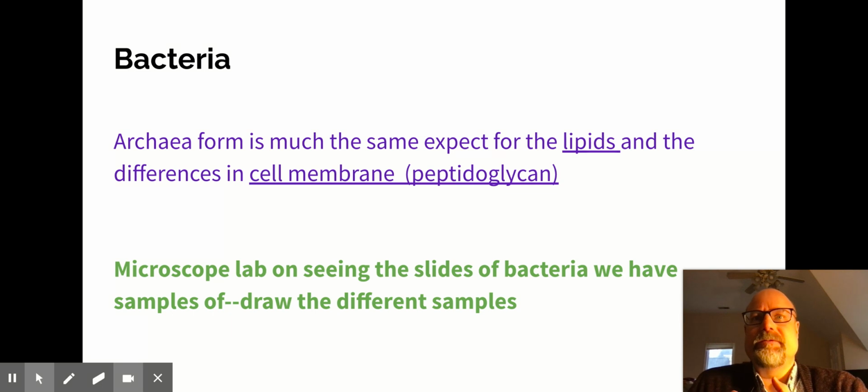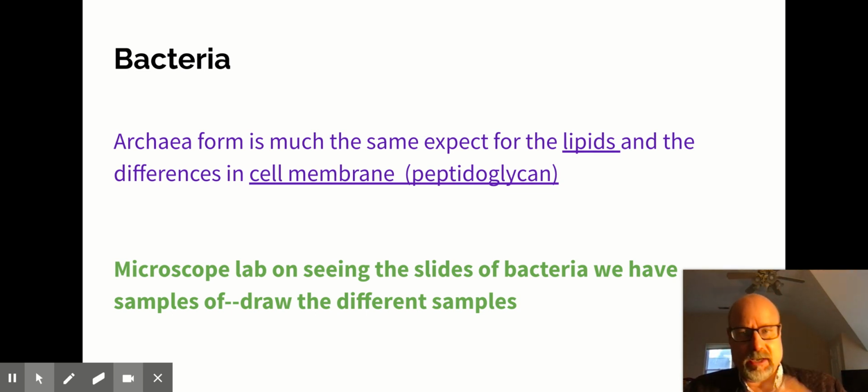Archaea live in extreme environments: super salty bodies of water, acidic places, places where the temperature is at ridiculous levels of heat. All of these are situations that would destroy regular bacteria, would melt them on the spot, dissolve them on the spot.